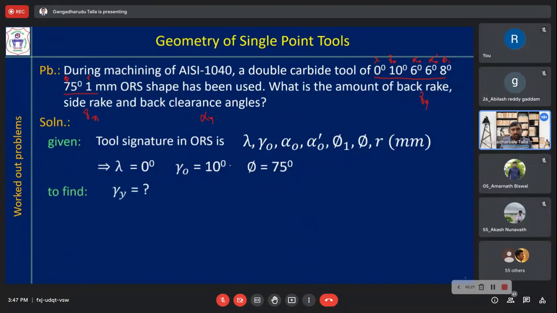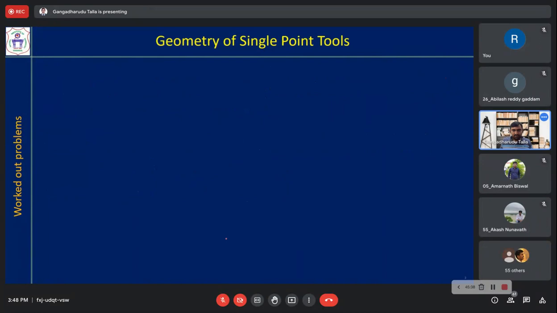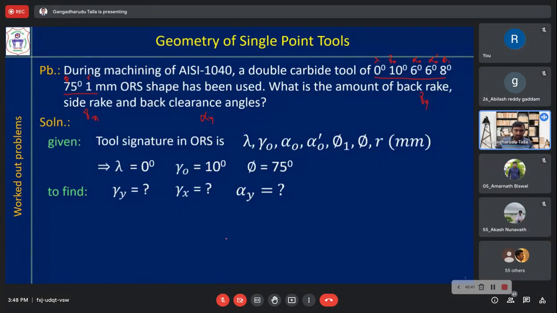To find gamma y, gamma x, and alpha y, how will you find? You know the relations. I have written the relations earlier, so use those relations and find out these values. I will not do all these calculations again, you can do those.